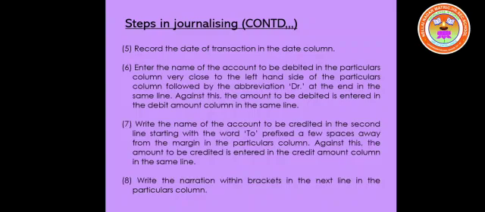Finally, write the narration within the bracket in the next line in the particulars column. The narration must be simple and complete. Being or the word for may also be prefixed with the narration.